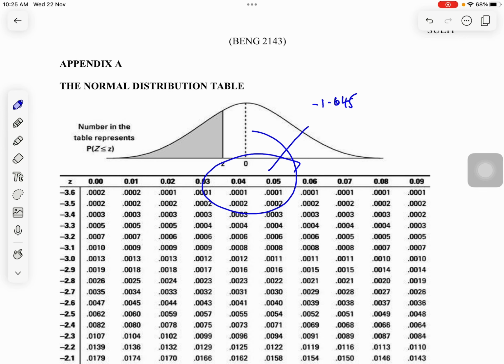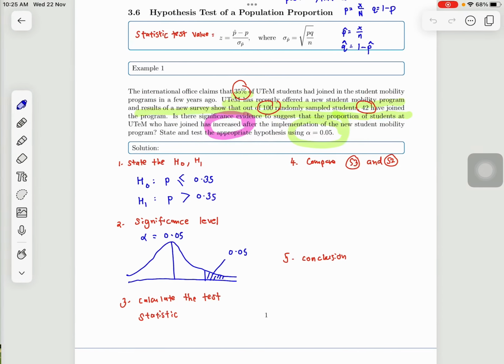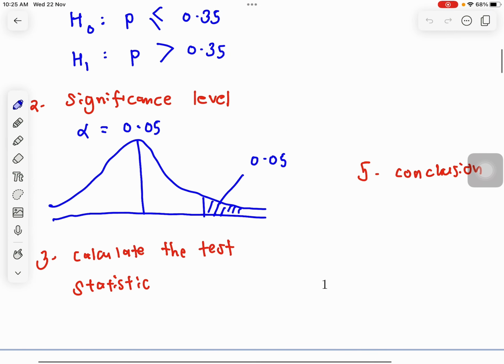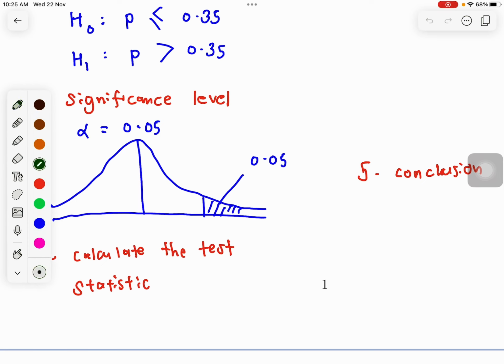So back to this note. Since the area is at the right hand side, the critical value is 1.645. This area, the critical value.